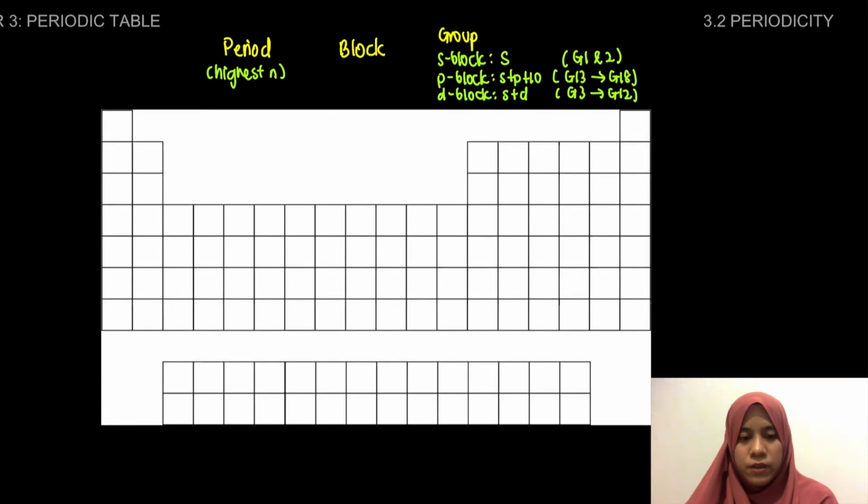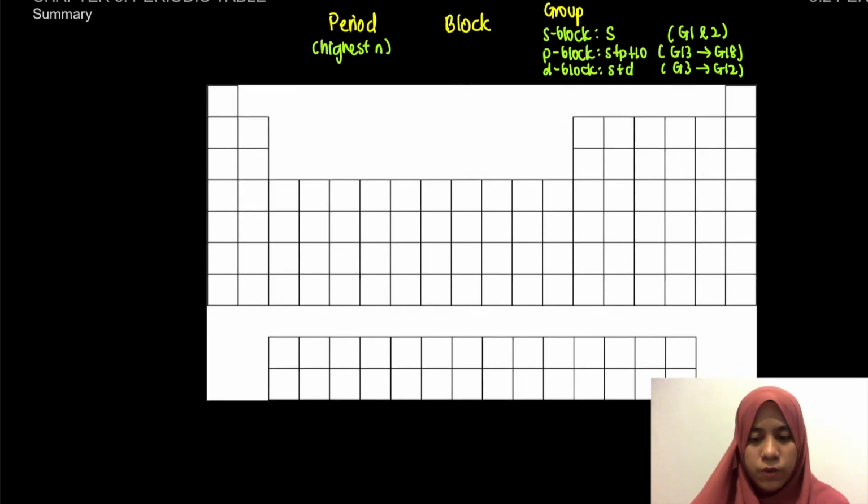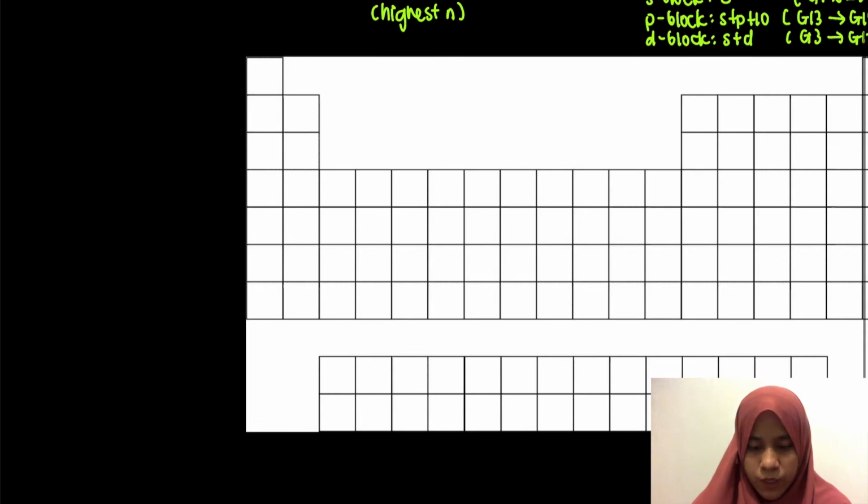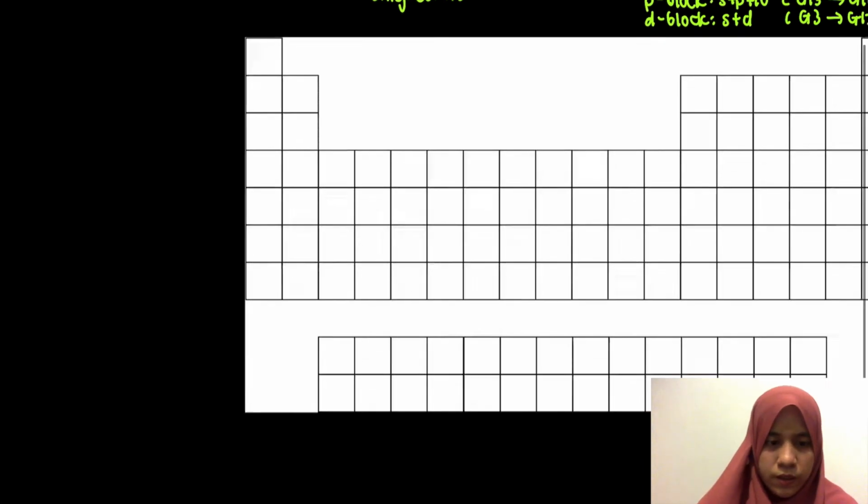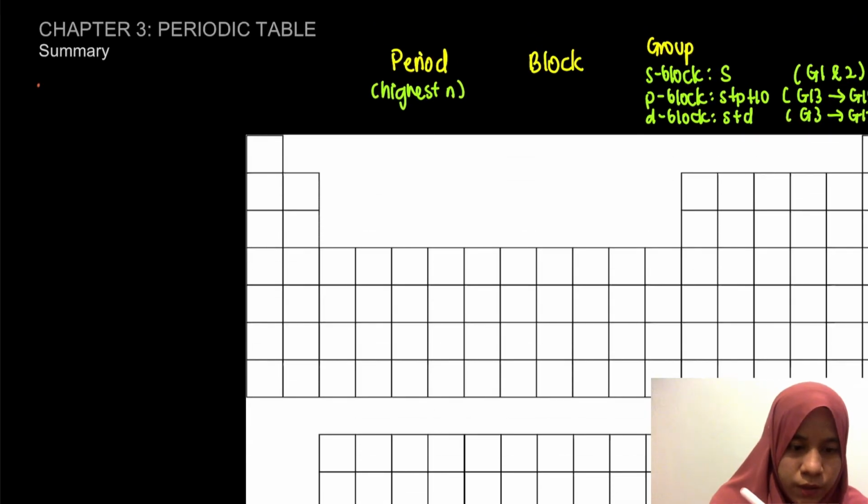Next, what we're going to talk about is our radius. Okay, let's do the trend. First I'm going to write in orange. Orange is about our atomic radius.